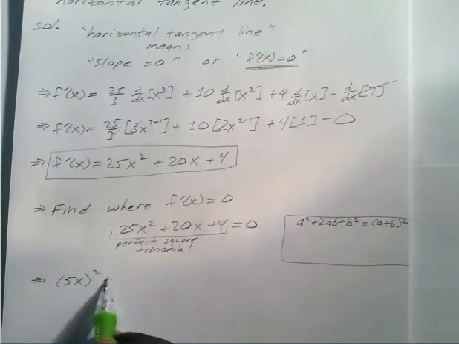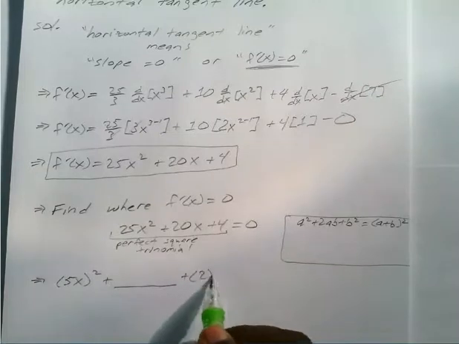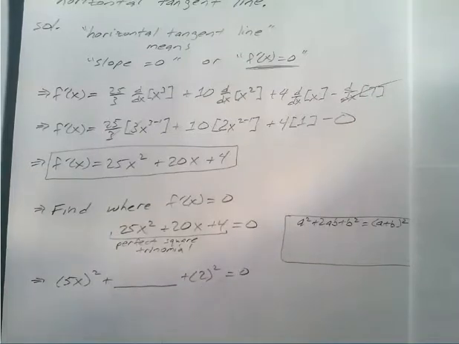The middle term, we're going to leave that blank for now. And that 4, we're going to make that 2 squared. Okay, so you have a squared plus 2ab plus b squared. Okay, so this 5x is your a, and 2 is your b.